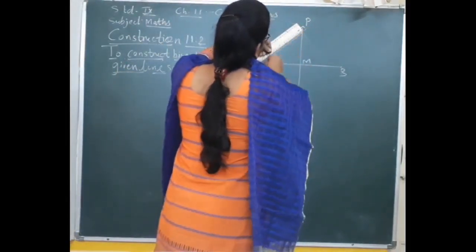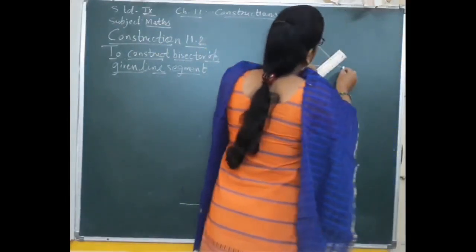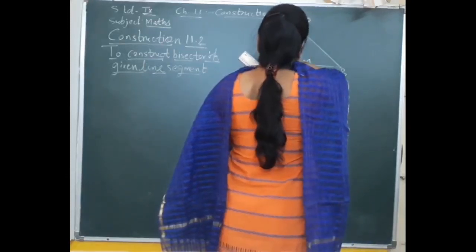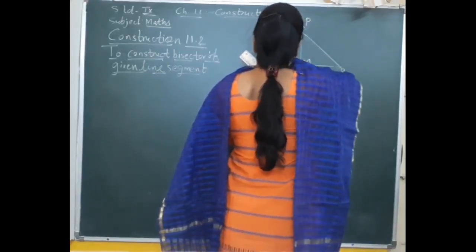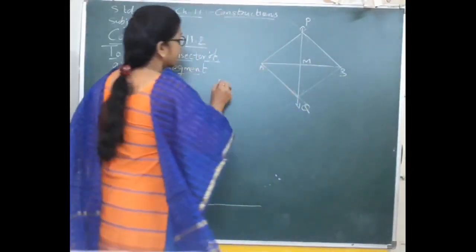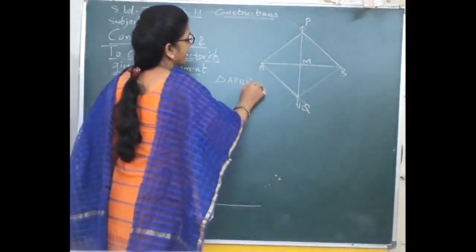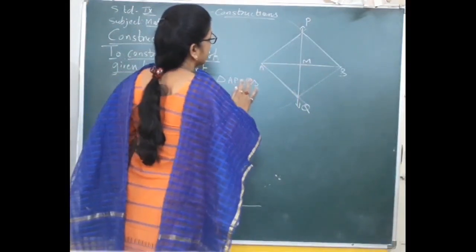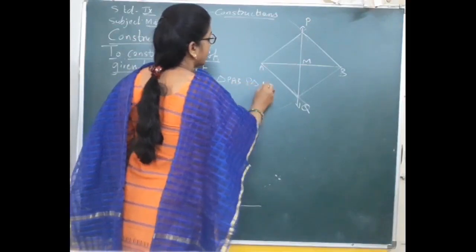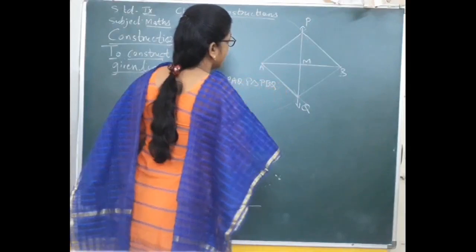For this justification, join AP, BP, AQ and BQ. Now in triangles PAQ and PBQ, what do we write?